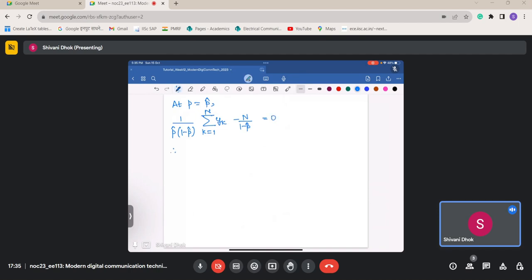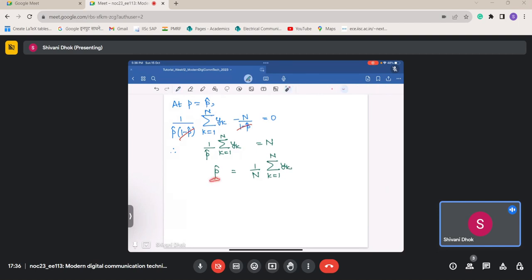So I can take this 1 minus p hat common and take it to the right hand side, so that I can simply cancel them out. What I have is 1 upon p hat into summation k running from 1 to capital N of yk is equal to n. So I can take this p hat to the right hand side and take this n here. So your p hat is equal to 1 by n summation k equal to 1 to capital N of yk.